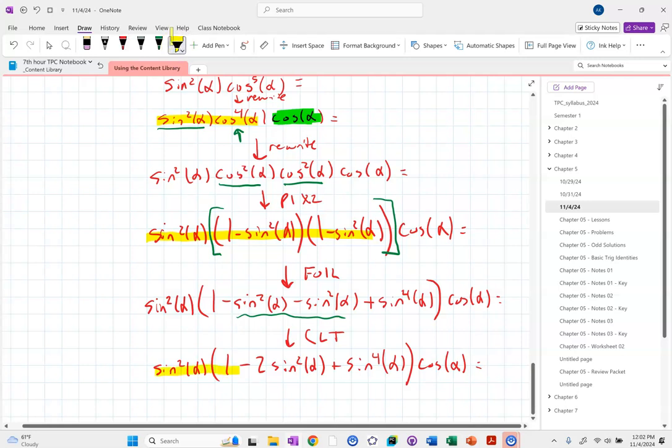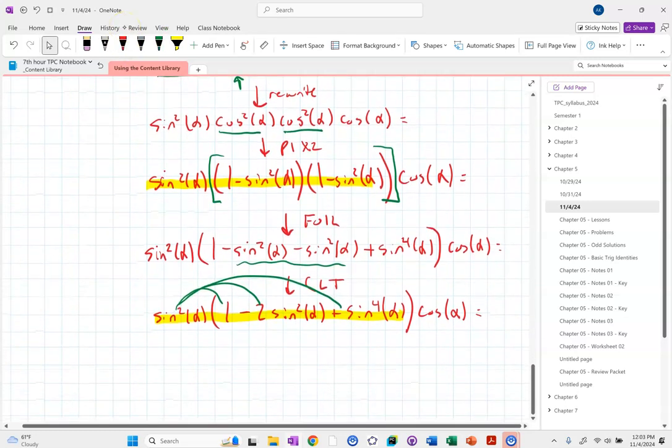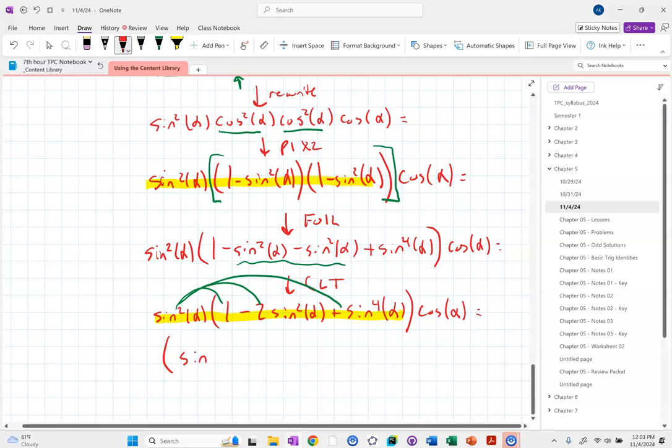So now I have 2 things multiplied together. So, okay, well, I got to multiply that through then, I guess. Sine squared times 1 is sine squared. Sine squared times negative 2 sine squared is going to be negative 2 sine to the 4th.